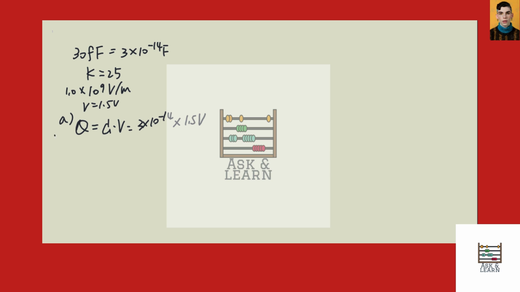If we want to figure out how many electrons, we can divide Q by the charge of an electron, 1.6 times 10 to the negative 19, and this is going to be 2.8 times 10 to the 5. Okay, so that's how many electrons we'll have. We want them to operate at 1.5 volt.